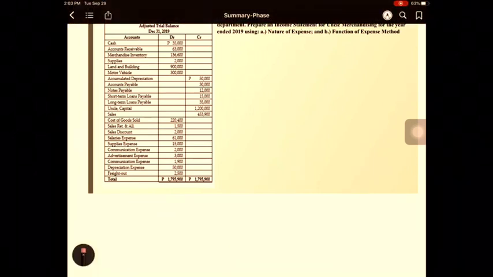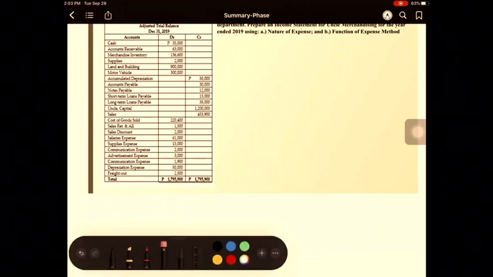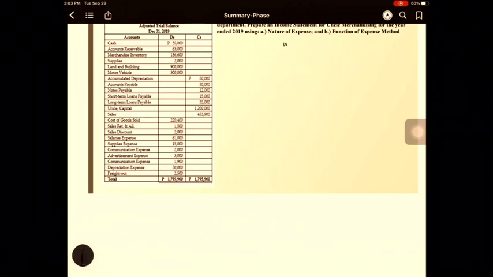Alright, so first things first, we have to prepare the heading for the income statement. So we have to write the name of the business. This is Uncle Merchandising. We are preparing now an income statement.